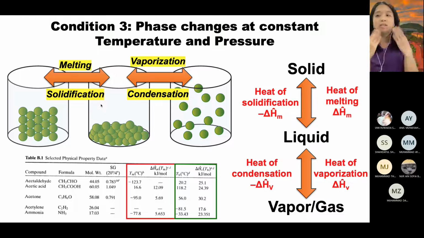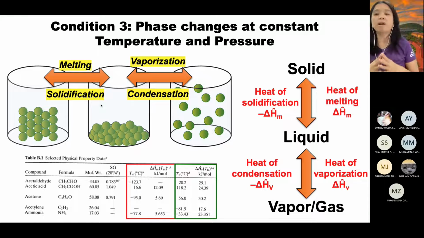Tadi solid pada liquid cair kan? Kalau liquid kepada solid, BM kita panggil pembekuan, right? In English we call it solidification. Kita nak solidify compound kita daripada liquid kepada solid. This is ada juga enthalpy dia. Enthalpy dia we call as enthalpy of solidification or heat of solidification.